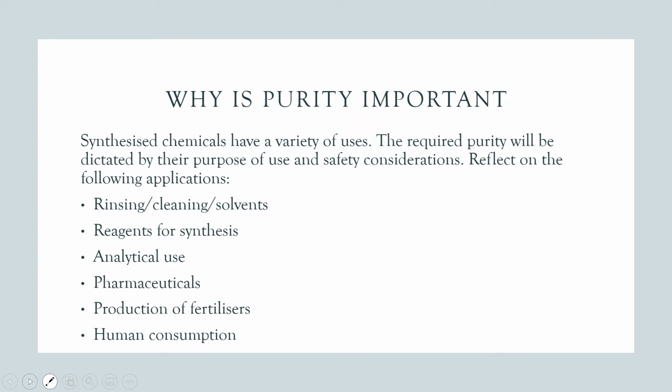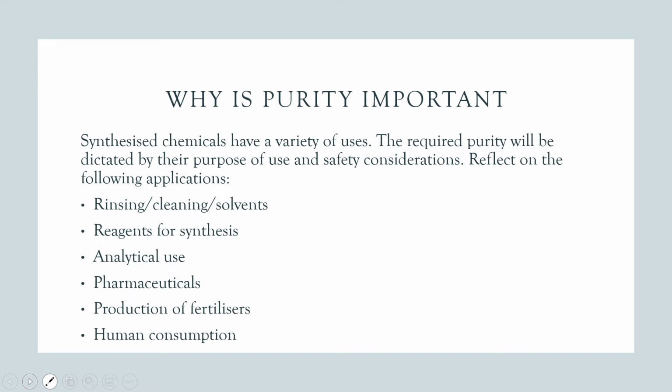When looking at, say, a reagent for synthesis, contaminants could be a really big problem because that may lead to the production of undesired products in that actual synthesis reaction. For analytical use, very similar. If those contaminants are present, then we may not be able to analyze with the precision and accuracy which we require. In the pharmaceuticals industry or for human consumption, it's really important to not have contaminants that are going to be dangerous to the people consuming them.